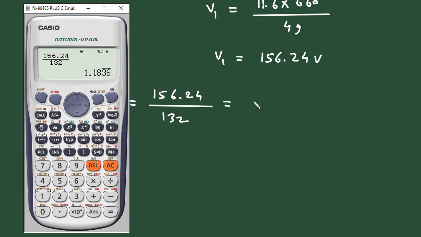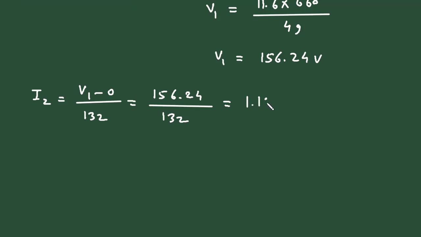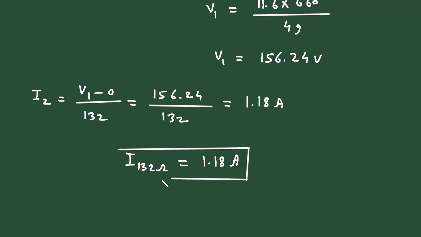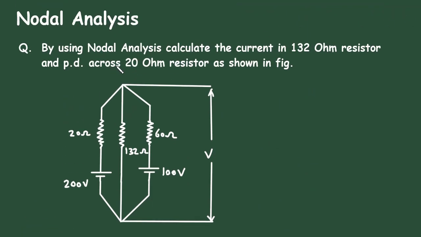So it is 1.18. 1.18 ampere is the value of I132 ohm. That is, the current through the 132 ohm is 1.18 ampere.